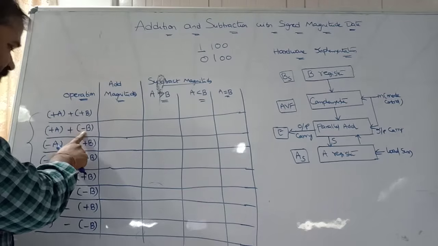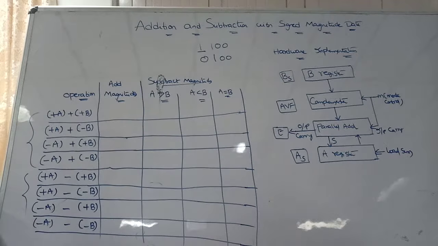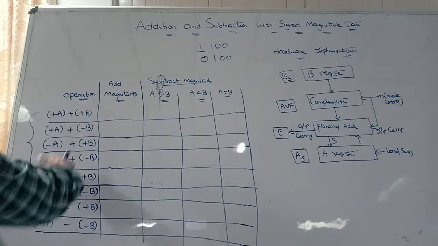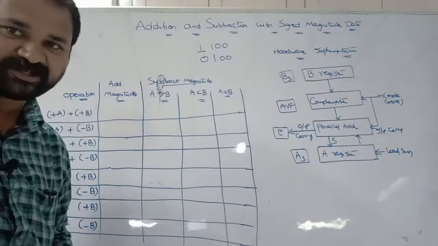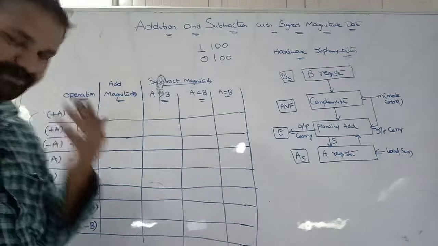The second one: first number plus, second number minus. Third: first number minus, second number plus. Fourth: first number minus, second number minus. Likewise we have 4 cases for subtraction: plus plus, plus minus, minus plus, minus minus.